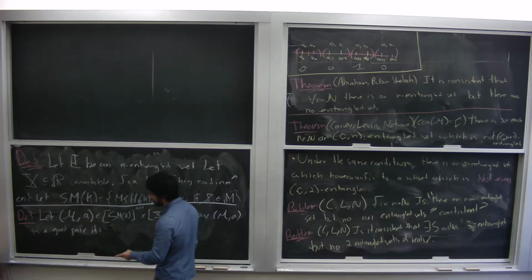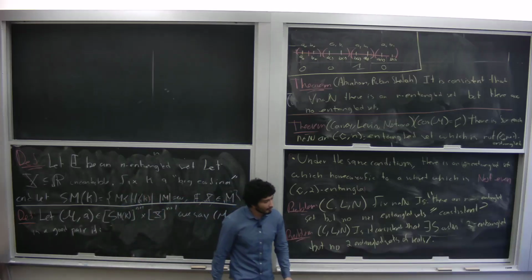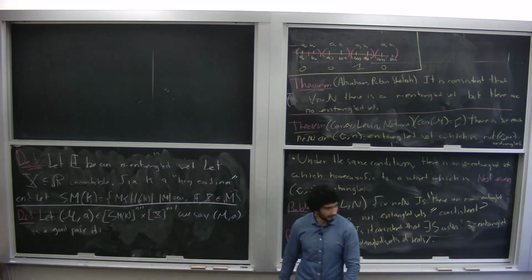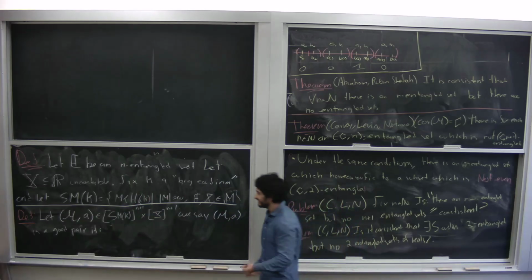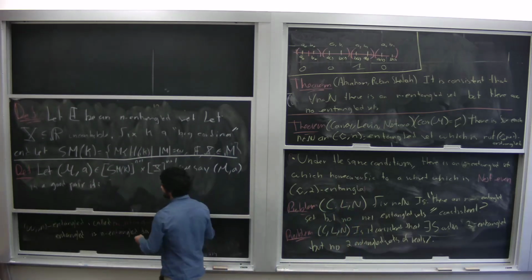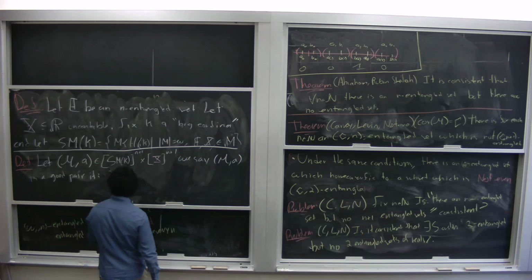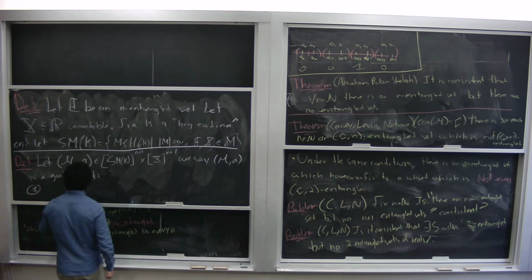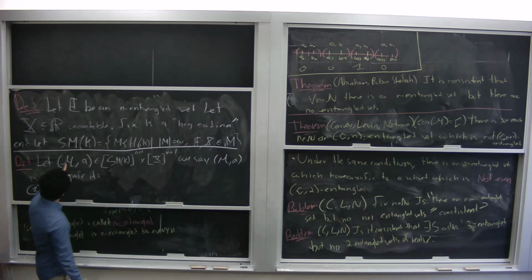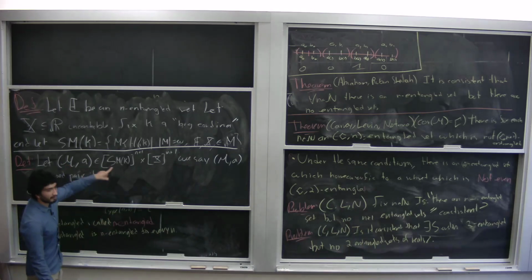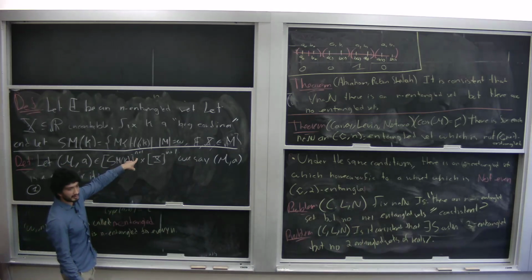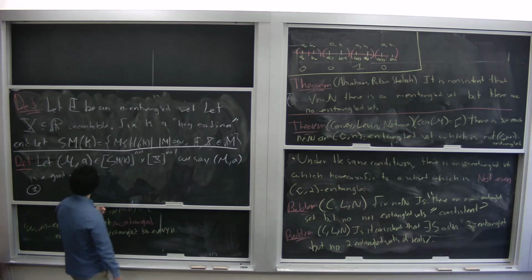So this thing is a good pair. The M itself doesn't need any structure. This is a good pair if one thing happens: M is n+1 many elementary submodels. Let me call its elements M_0, M_1, M_2, and so on.